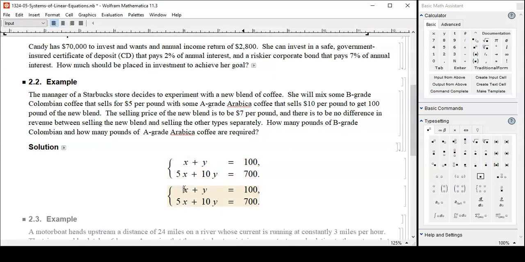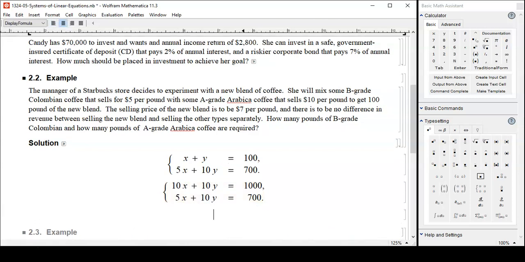Multiply by 10 from the first equation, and then subtract. That'll kill off this 10y and that 10y.